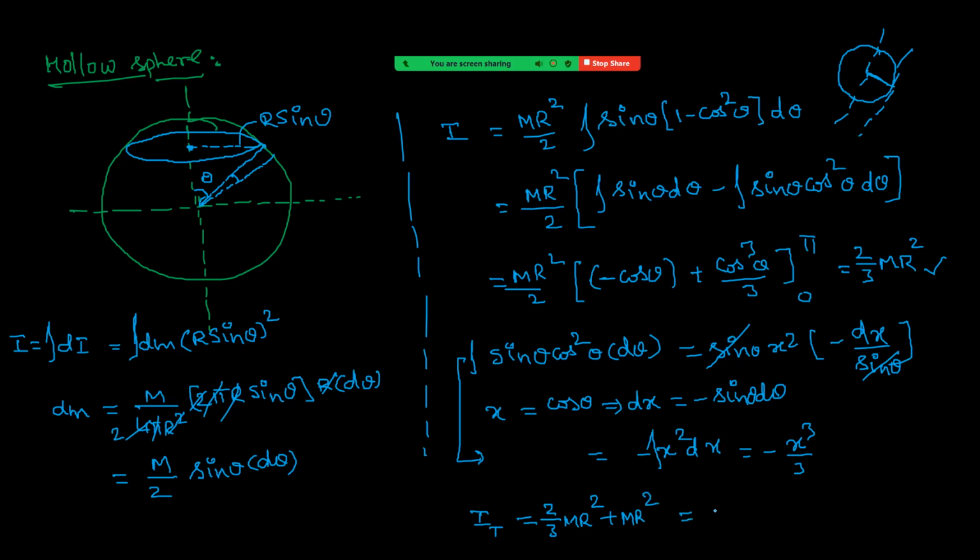So how much is it? 2 by 3 plus 1, that is 5 by 3 m r square. So for a hollow sphere, about any diameter its value is 2 by 3 m r square, and about any tangent it is 5 by 3 m r square.